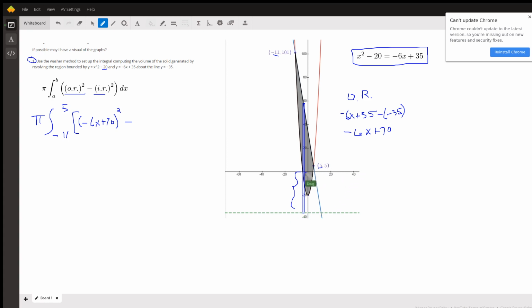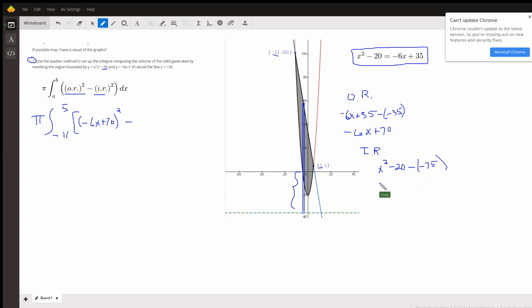And same deal, it's a vertical segment. So for the inner radius, it's the y-coordinate at the top, which is x squared minus 20, minus the y-coordinate at the bottom, which is always negative 35.